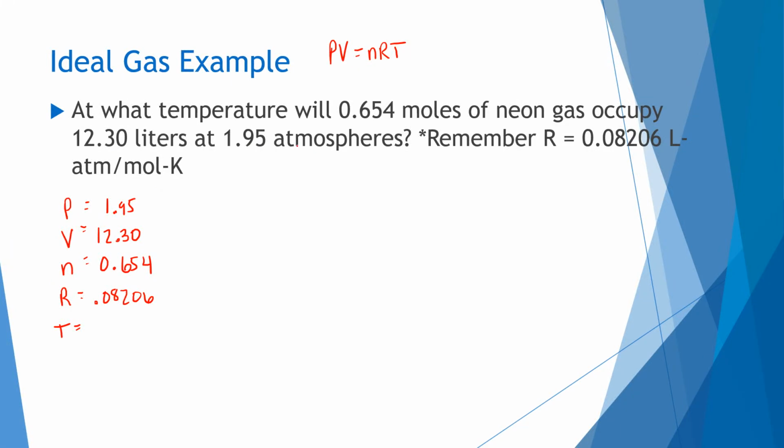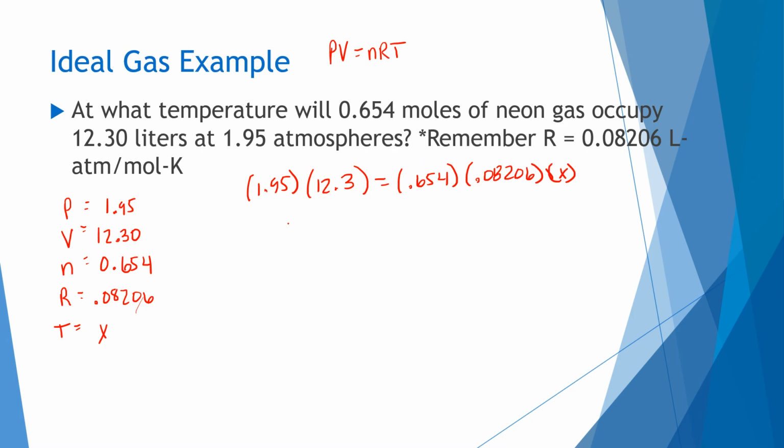Again, since this is already in atmospheres, we do not need to convert it. So everything's in its correct units, and the only thing that we don't have is our temperature. So now we can go ahead and plug into our equation. Our pressure again was 1.95. Our volume was 12.3. Our moles was 0.654. Our R constant, and then our x.